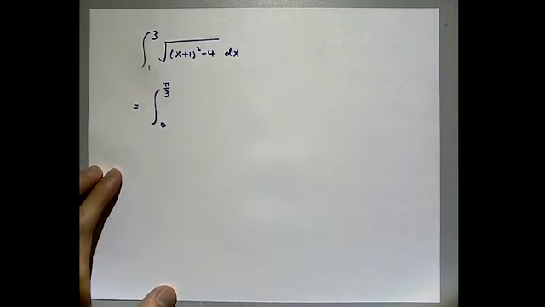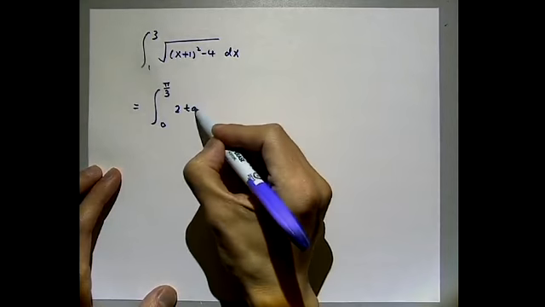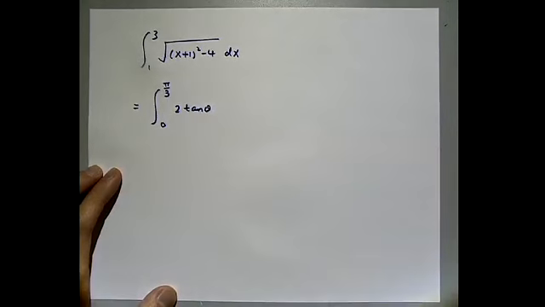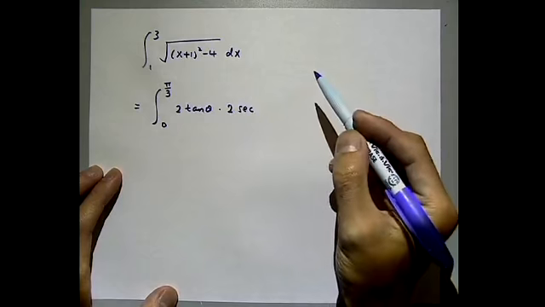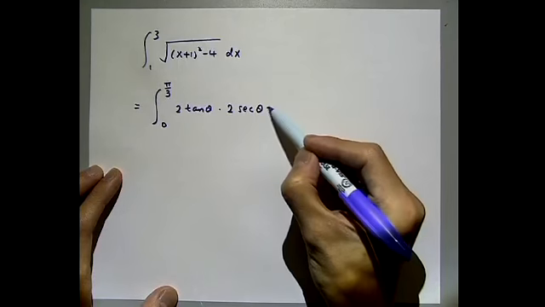This radical expression we saw really turned into 2 tangent theta. And then dx is 2 secant tangent.